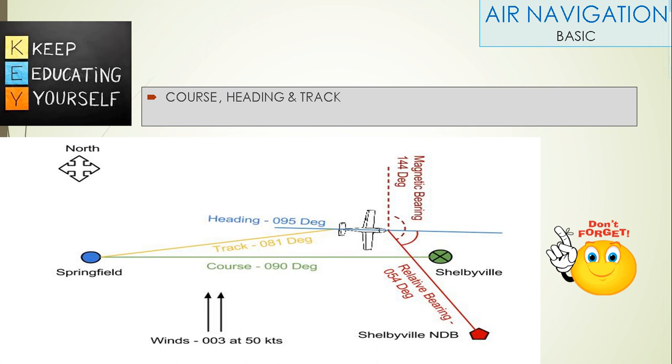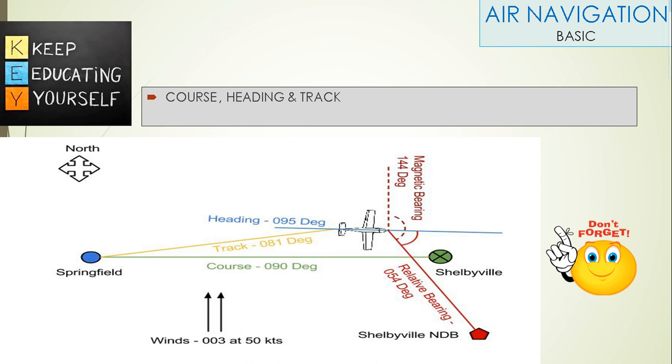Now, actually, how the aircraft is traveling: if we project those lines on earth, it will give us the track. So from the blue circle Springfield, if we go to the aircraft, it is shown as 081 degrees. So this is the track, the actual projection of aircraft progress over the earth.